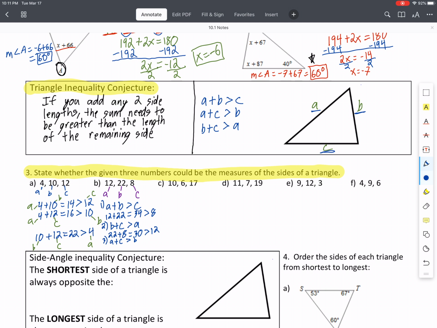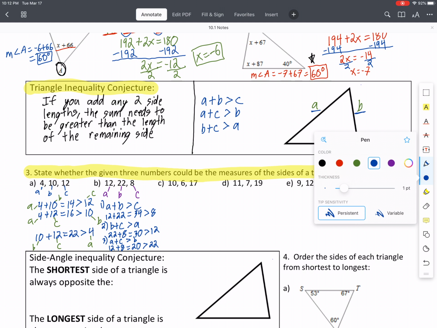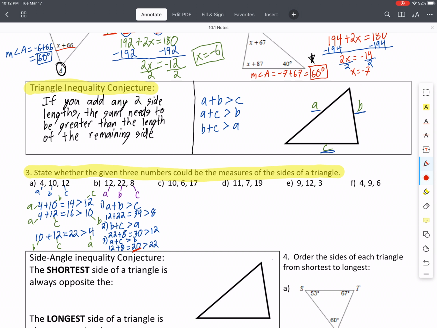So A plus C needs to be greater than B. So we take 12 plus 8. That's equal to 20. But that needs to be greater than 22. Wait. That doesn't work, because 20 is not greater than 22.